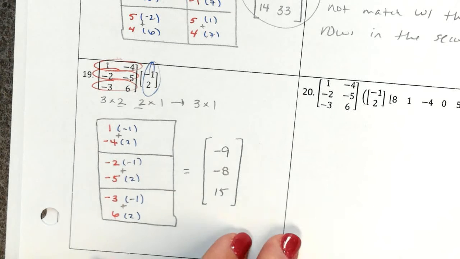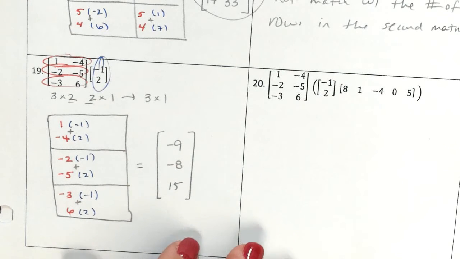How about number 20? Take a look at number 20, and how could I go about this problem? What are we thinking? What would be my step here in number 20?